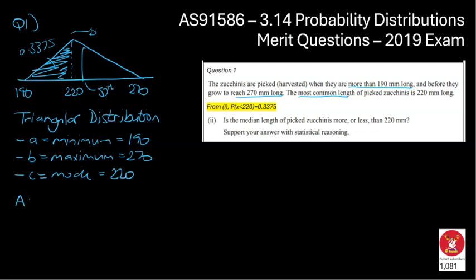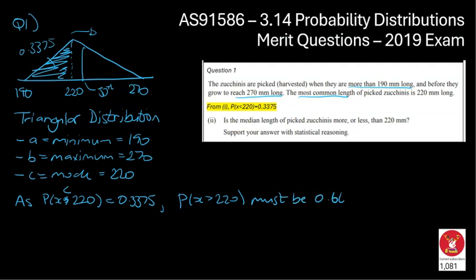The way I did that is, the probability that x is less than 220 is equal to 0.3375. I've written greater here, but that's meant to be less than. The probability that x is greater than 220, that's going to be the rest of it, so it must be 0.6625. That was 1 minus our previous probability.